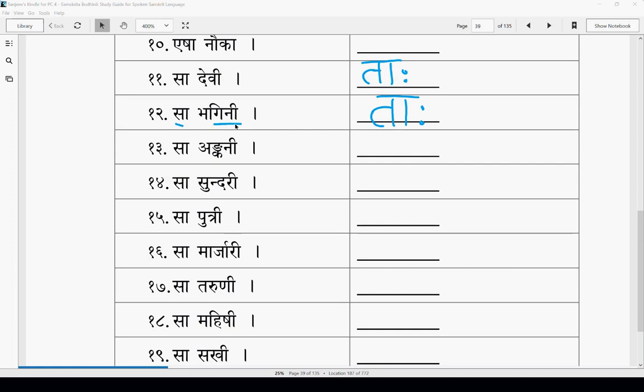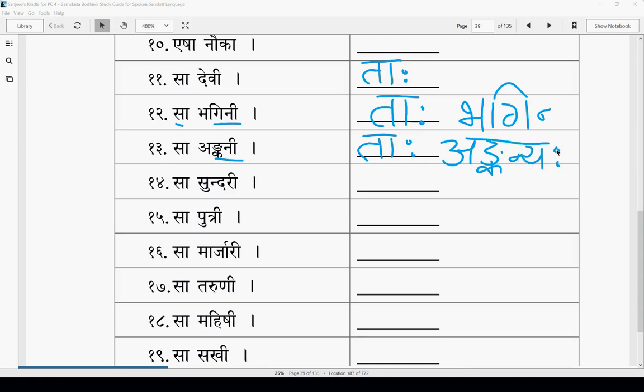Sa Angani changes to, oh dear, Etaha Anganyaha. Good. Anganyaha.